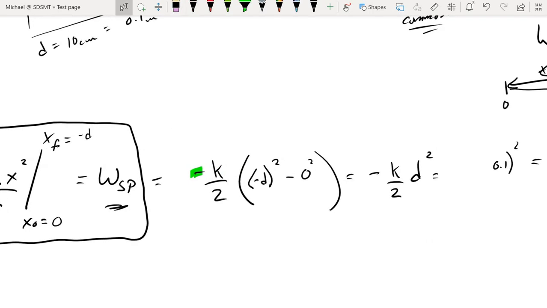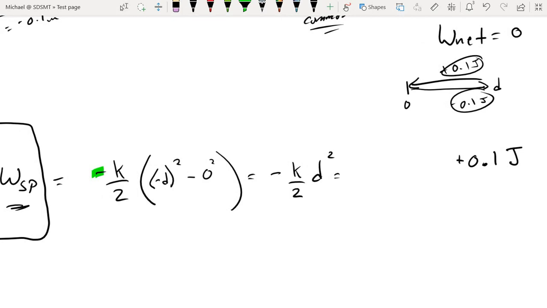And if negative d just went back negative 10 centimeters, well, we're going back to negative 0.1. How does that evaluate? So our k value was 20, we have our 2, we have our negative 0.1 squared.